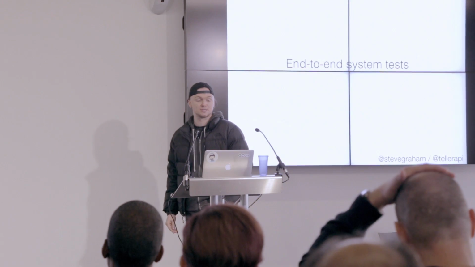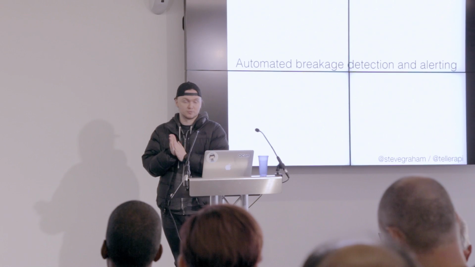So we're doing end-to-end system tests, where a request is traced from the outside all the way through Teller to a fake version of the bank. I've written a fake version of each bank, and so we get a whole end-to-end trace.